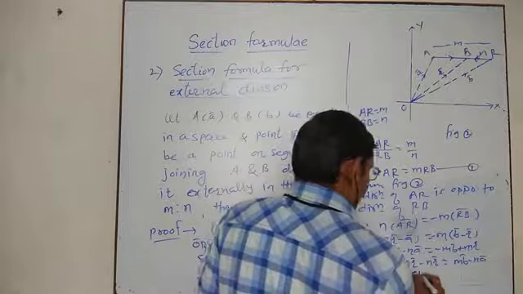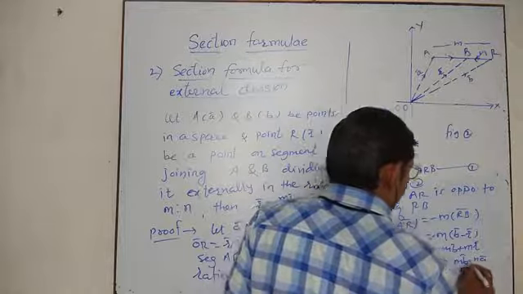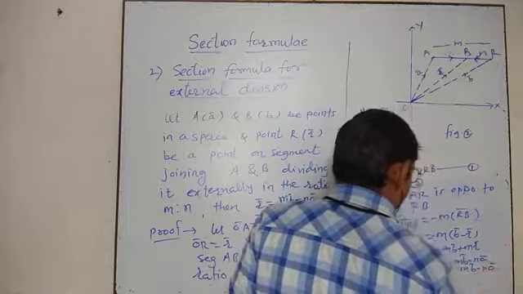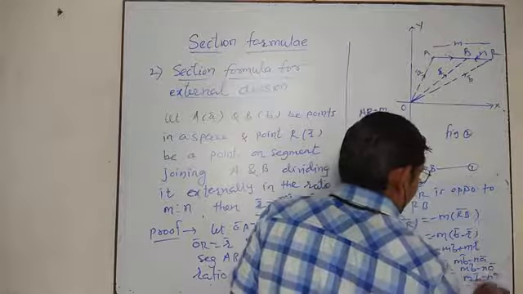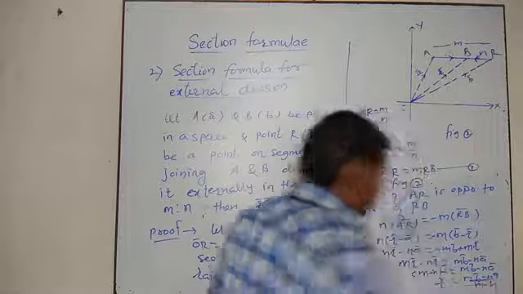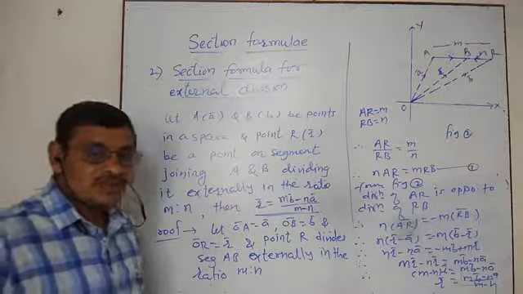So (m minus n) into R bar is equal to m B bar minus n A bar, and finally we get R bar is equal to (m B bar minus n A bar) upon (m minus n). So this is the section formula for external division.